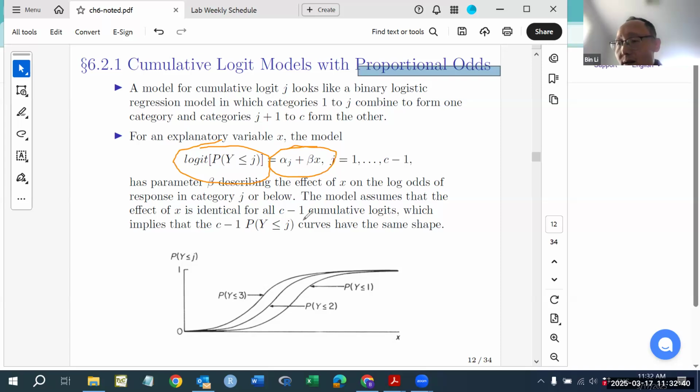Why is this proportional odds? Because you can see here, J ranges from 1 through C minus 1. Why is it C minus 1, not C? Because if we allow J equal to C, what will happen?